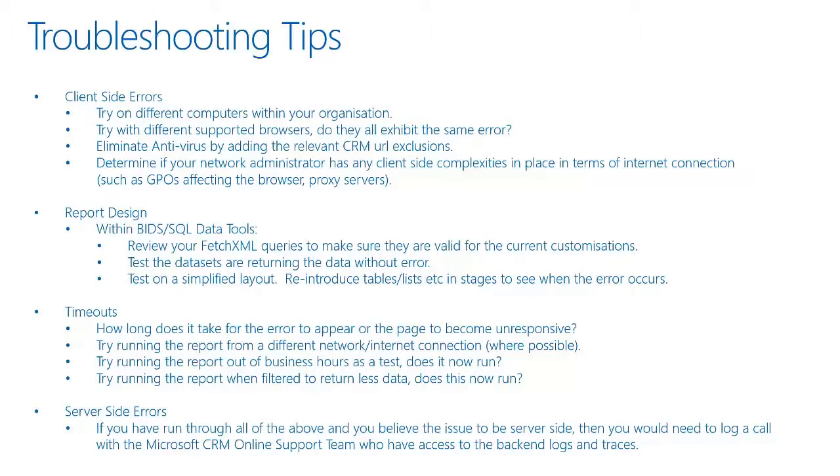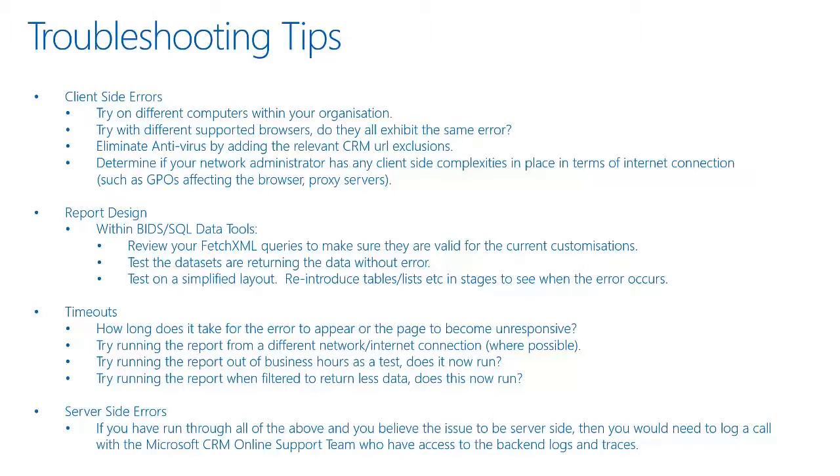Antivirus can sometimes play a part. Some antivirus software is particularly intrusive in terms of interrogating web requests, and quite often you can put URL exclusions within the antivirus, so just another area to cover off there. Also determine if your network administrator has any client-side complexities in place in terms of internet connection.